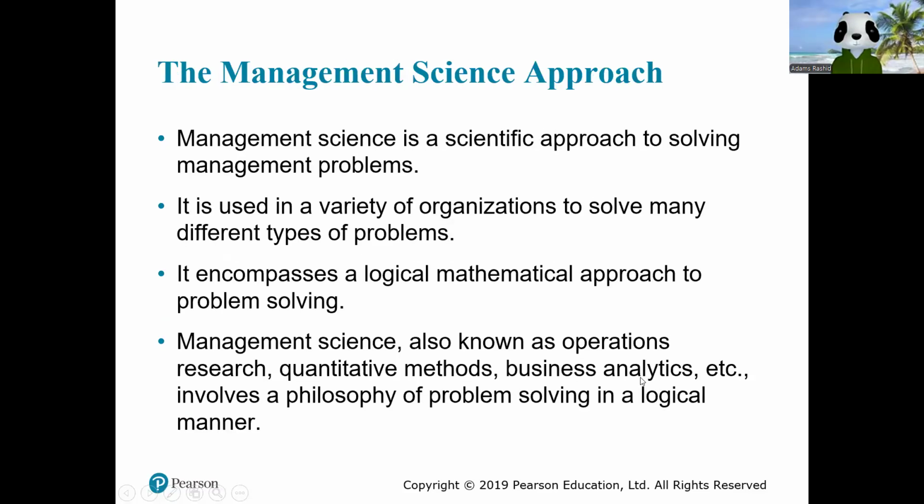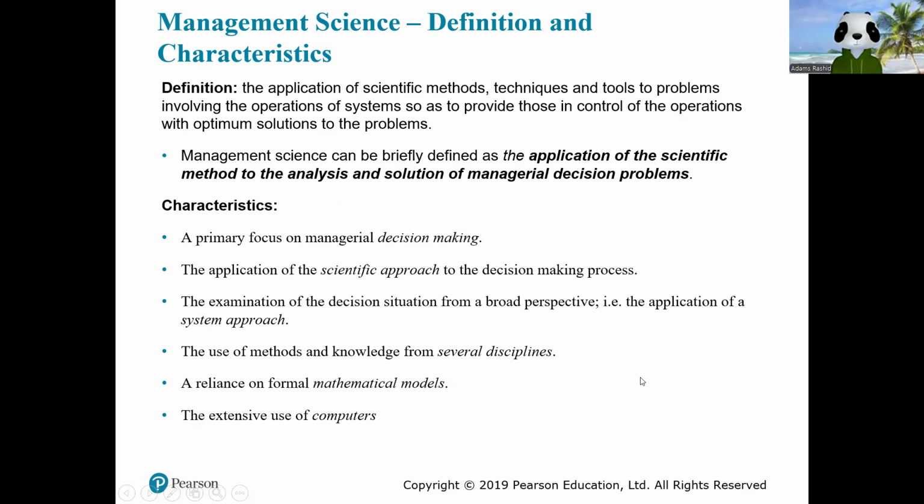Now, when we talk about management science, we look at it in terms of how we can employ mathematics, statistics, computer science to analyze data so that we can produce outputs that can inform decision making.